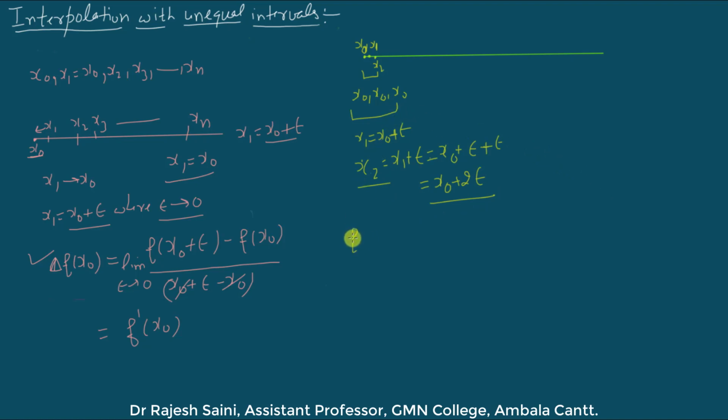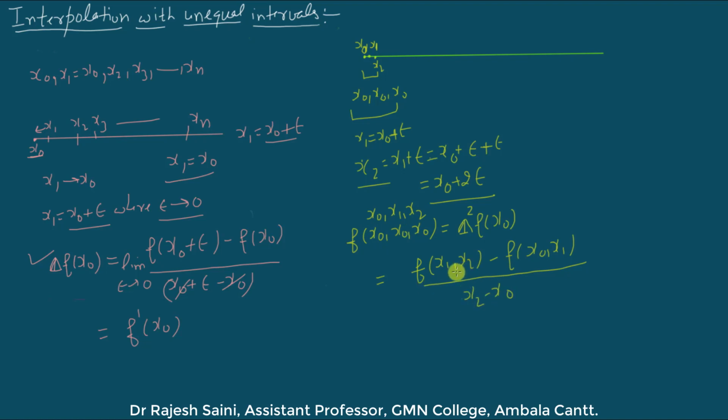It will be f of x0, x0 and x0, because all have become equal. So this is also written as f of x naught, x naught, x naught. Now if it would have been x naught, x1, x2, then this could be written as f of x1, x2 minus f of x naught, x1, divided by the difference between the extremities, x2 minus x naught.